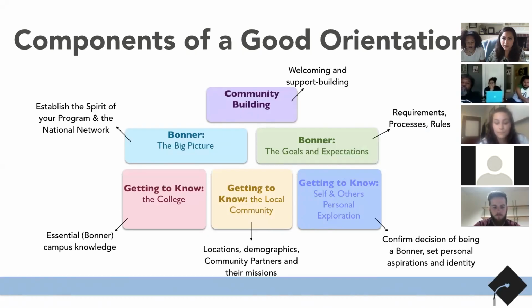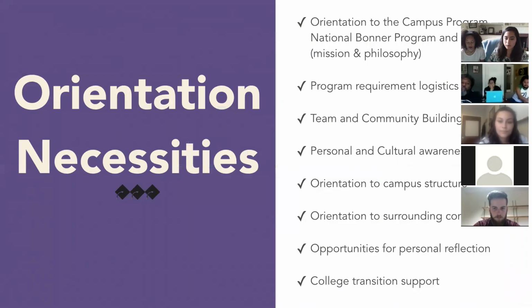So with that being said, some further details of orientation necessities. We're gonna talk about the orientation necessities and basically some of the things you should just know. You should have a brief orientation to the campus, the national Bonner program and the network, where that fits in with the service movement in America and national invitations and the transformational model and its future missions and the philosophy of the program.